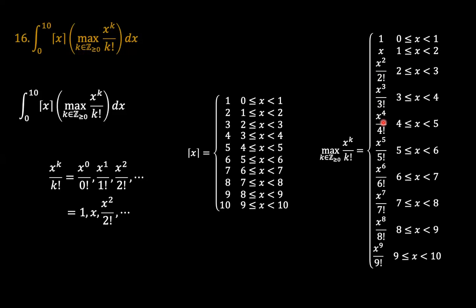And I'm going to show you why that is the case. Between integers 2 and 3, x squared over 2 factorial is greater than all the other options. And so on, such that between integers 9 and 10, it is x to the power 9 over 9 factorial which is greater than all the other options. I'm going to show you why this is the case.